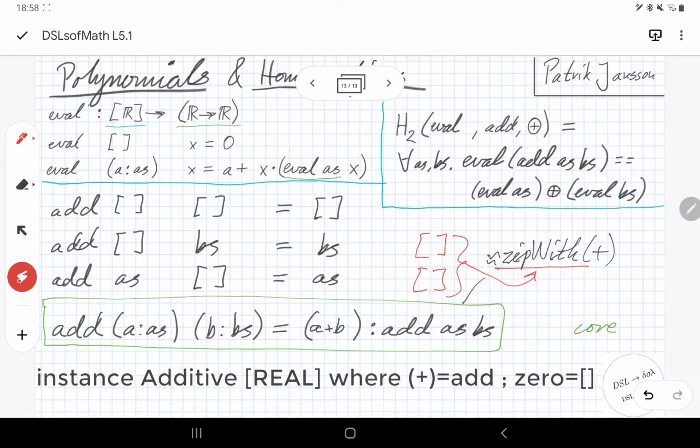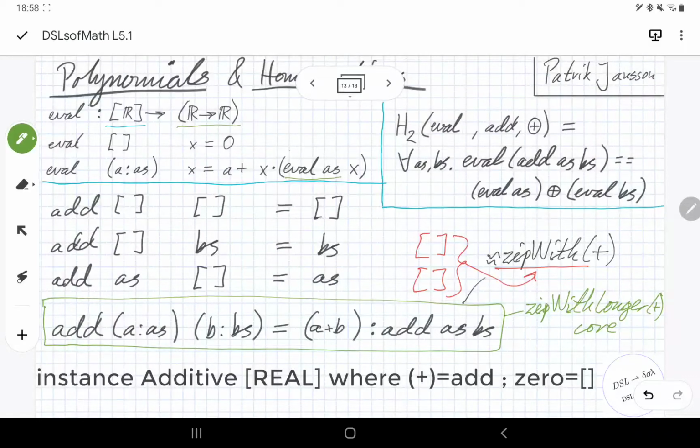So I call this add function, or a generalization of it actually, zipWithLonger. So as you see, it does zipWith. It zips the two lists together, pointwise using addition. But then when one of the lists is longer, it keeps the longer list. So the sort of the green, the real function, so it's almost zipWith, but it's not. But the real function here is also called zipWithLonger of plus.